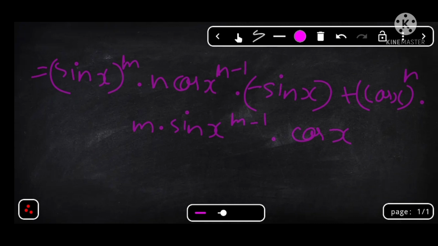Now we can just take this negative as common here.